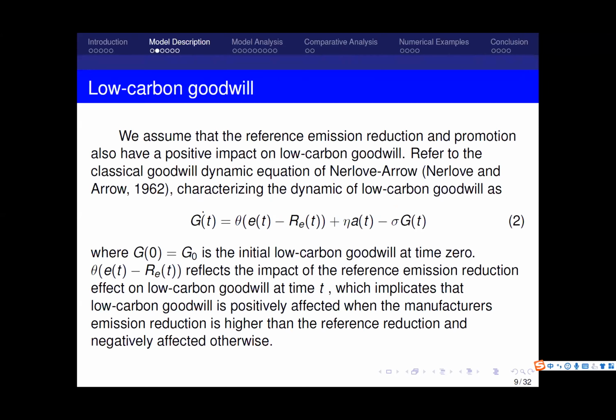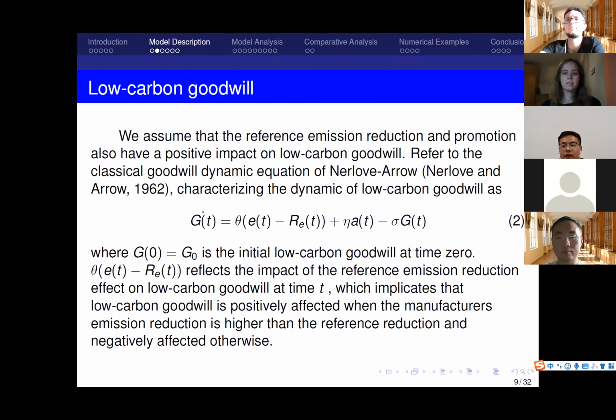Referring to the classical goodwill dynamic equation of Nerlove and Arrow, 1962, we characterize the dynamic of low carbon goodwill with this equation: dG/dt equals z times (e(t) minus R(t)) plus eta a(t) minus delta G(t), where G(0) is the initial low carbon goodwill at time 0.